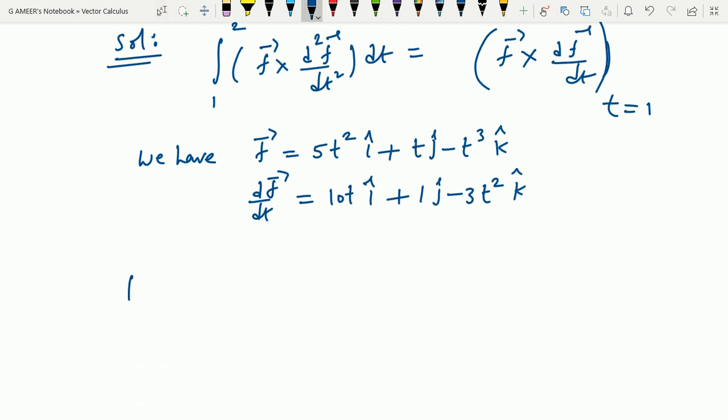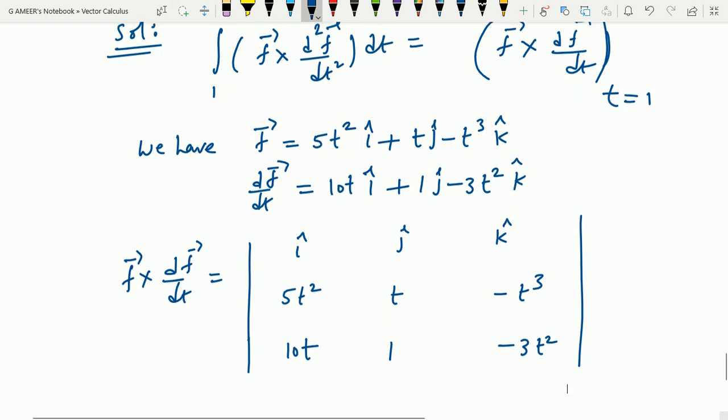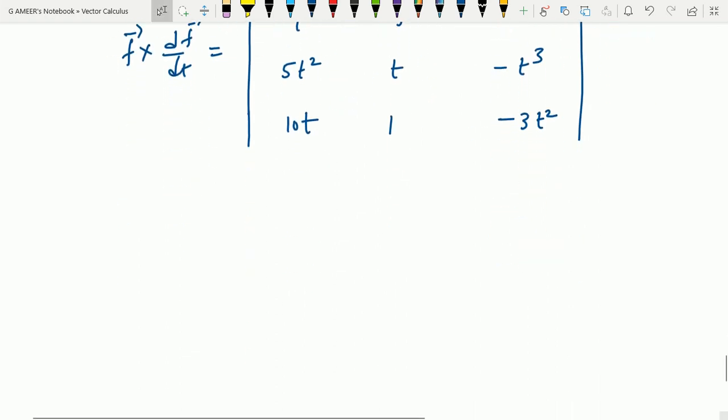If I take the cross product of these two things, we know how to calculate the cross product of two vectors, by the matrix method: i, j, k. The first vector is 5t square, t, minus t cube. This is 10t, this is 1, this is minus 3t square. As usual, you know how to determine this product.